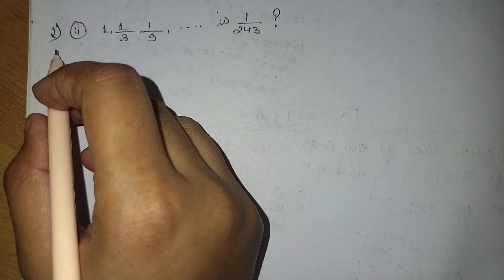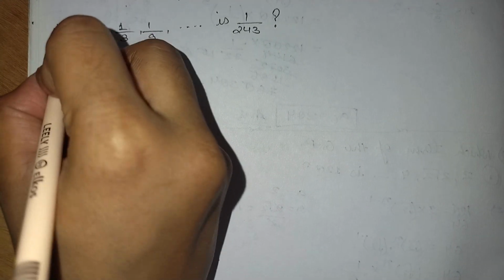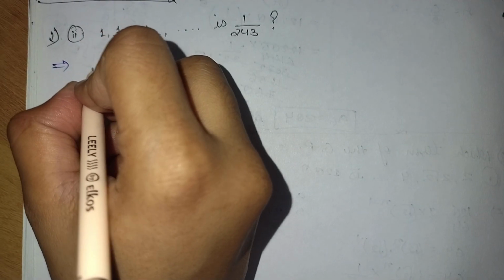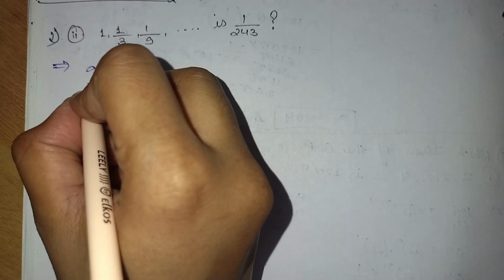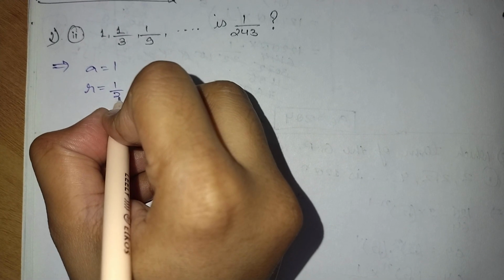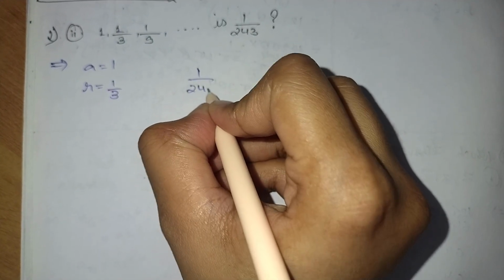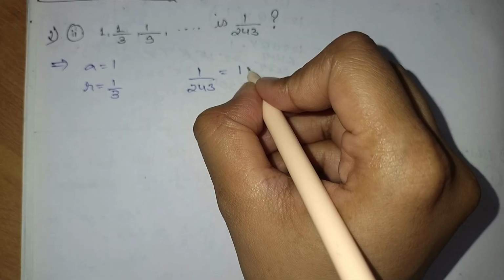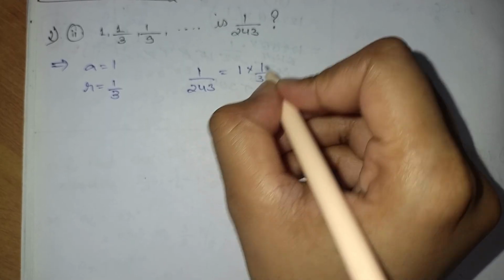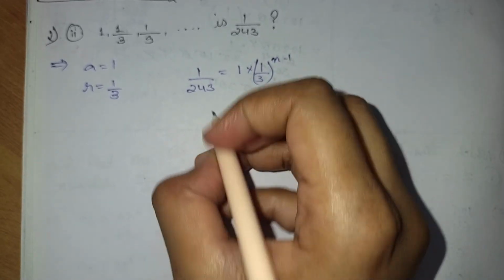Now let us solve question number 2 second part here. First term in this GP is 1 and common ratio is 1 by 3. So simply if we find which term is this, 1 by 243 equal to 1 multiplied by (1/3)^(n-1).